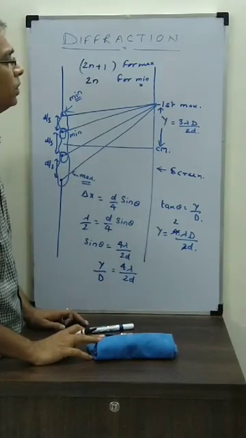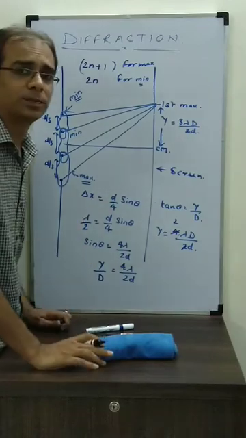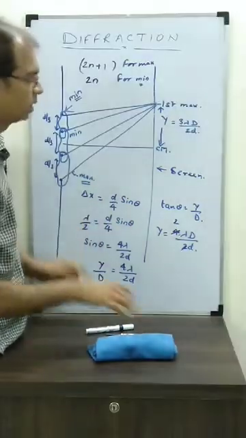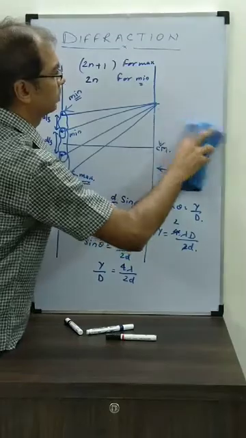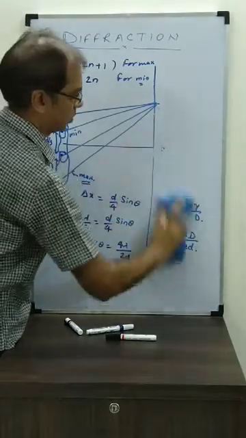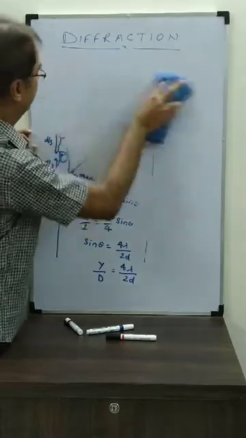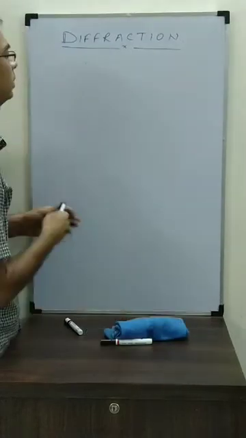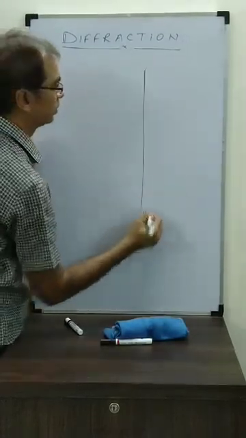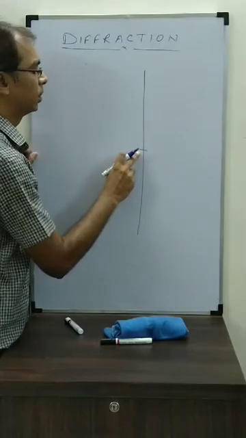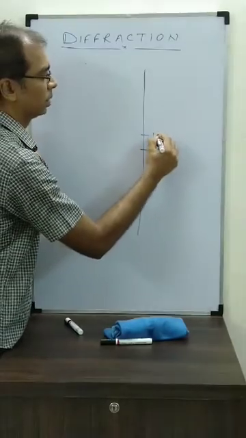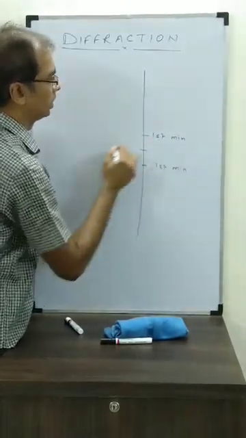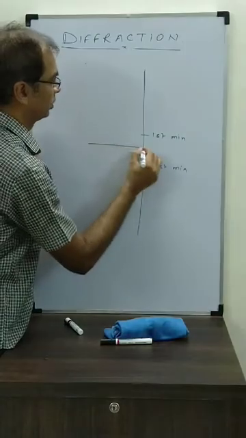Now suppose we want to know the fringe width of first maximum. What is fringe width basically? Suppose I am going to make the interference pattern over here. If we make the interference pattern on the screen, this is exactly the central part where I am going to get the maxima. Here is the first minimum and here is the first minimum. So the central fringe will be something like this.